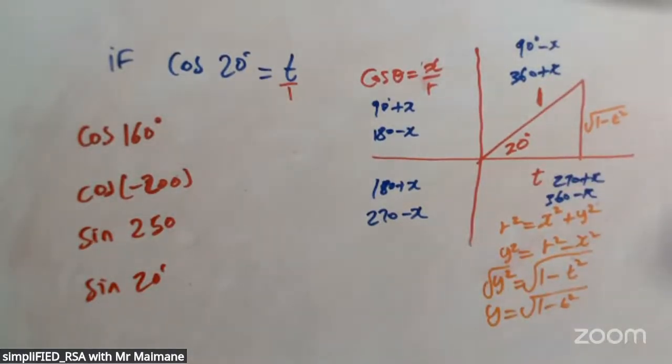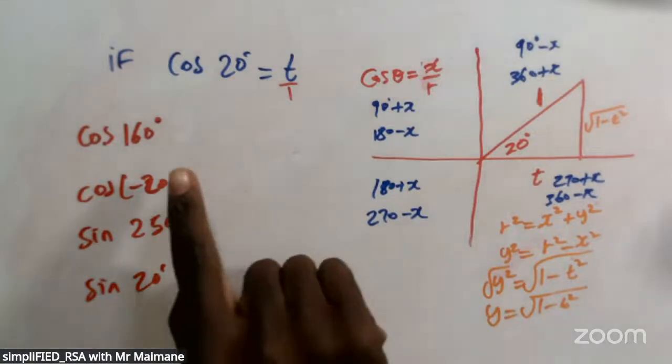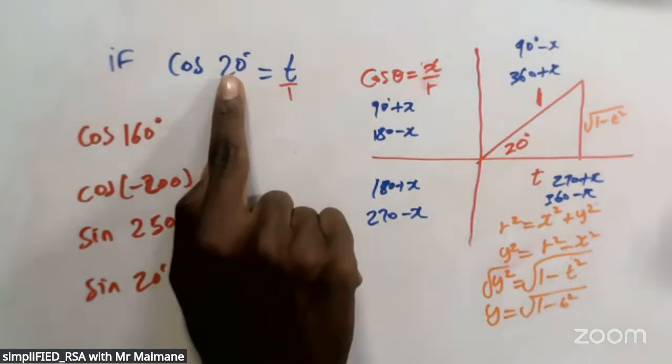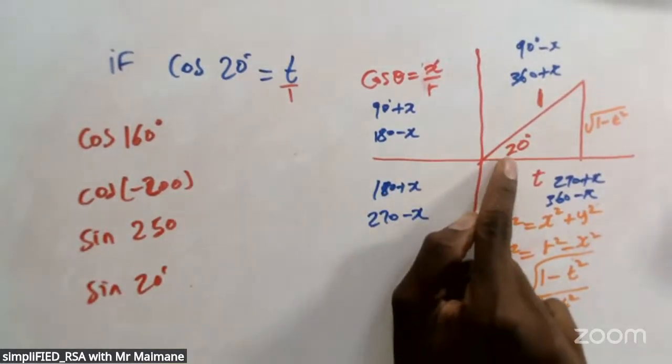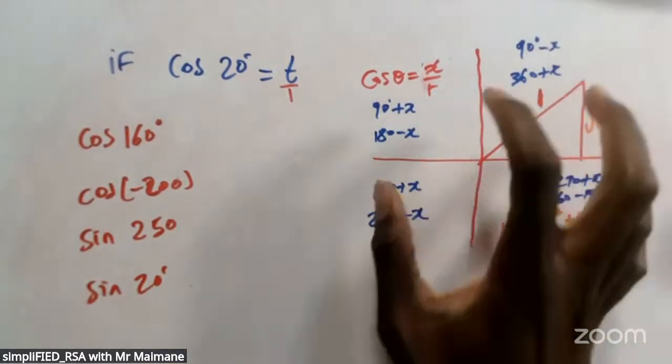Now, we need to meet these standards while we are manipulating these numbers. For the first one, to get 160, we must consider 20 degrees. They must relate to 20 degrees because we want to use this diagram.